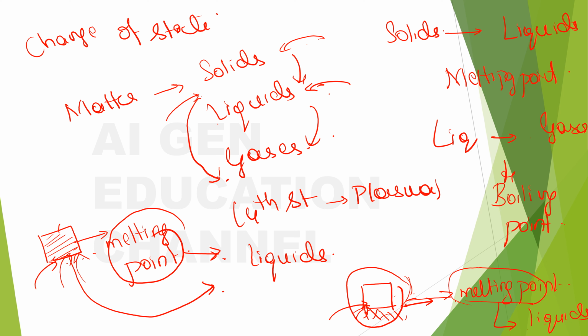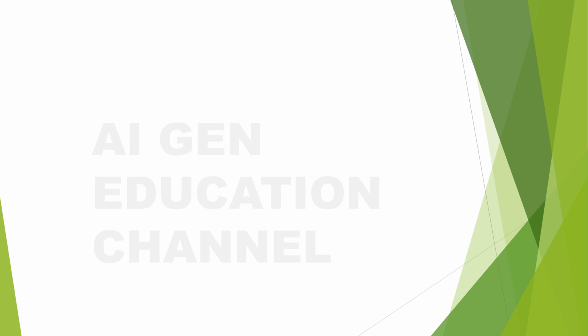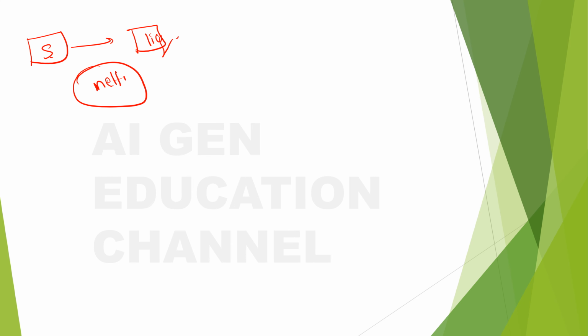Okay, so what happens in the next stage? Let me change this page. Here in the next stage. So what happened? First we have seen that solid has turned to liquid, right? And the temperature here is the melting point. Now again you continue the process of giving more heat energy to it. So again the same, this liquid will keep on taking the heat till it reaches what? Yes, boiling point, right?